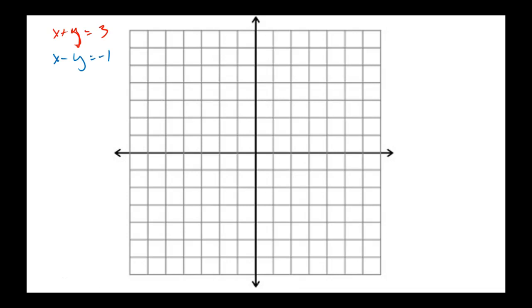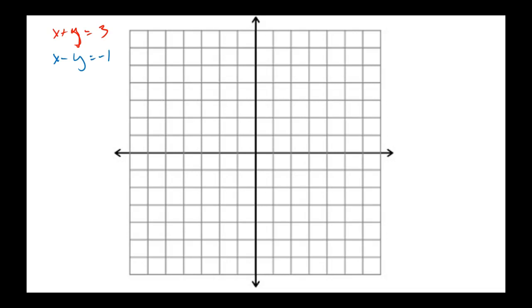If you were just asked to solve those, what would you do? Solve the system. Just solve the system of equations. I'll do elimination. Okay, and how do you do that?